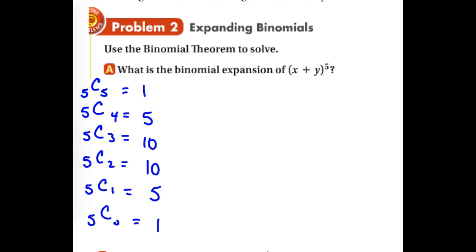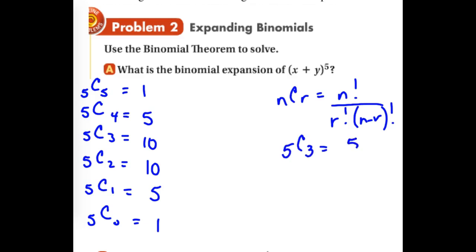Do you guys remember the combination formula? NCR was n factorial over r factorial and n minus r factorial. So if we were doing 5C3, we would start out with 5 factorial over a 3 factorial and a 2 factorial.